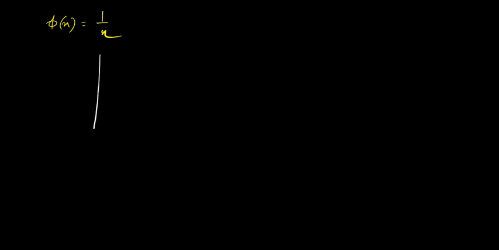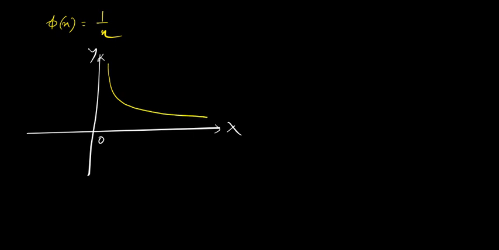Now I will draw the graph of phi x. This is the x-axis, the y-axis, and this is the origin. The graph of phi x equal to 1 by x is this. When x tends to infinity, y tends to 0, and as x tends to 0 plus, y tends to infinity; as x tends to 0 minus, y tends to minus infinity; and as x tends to minus infinity, y tends to 0.